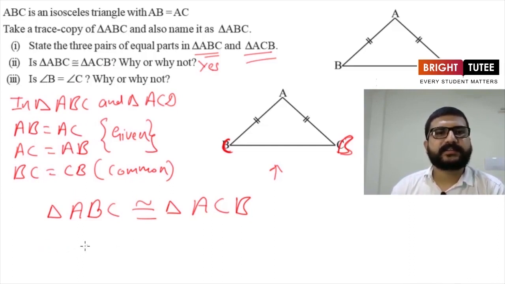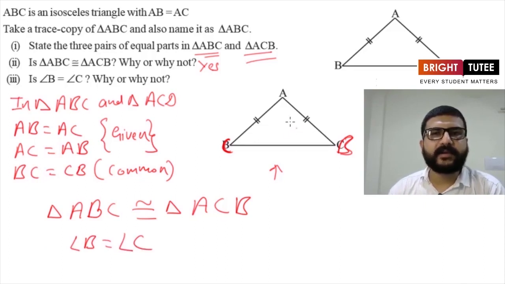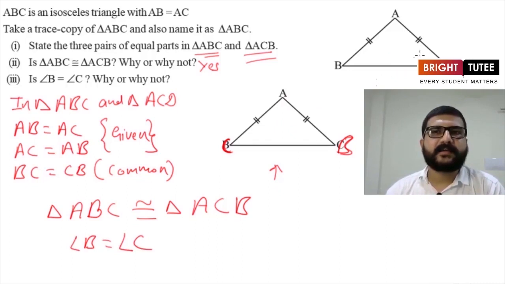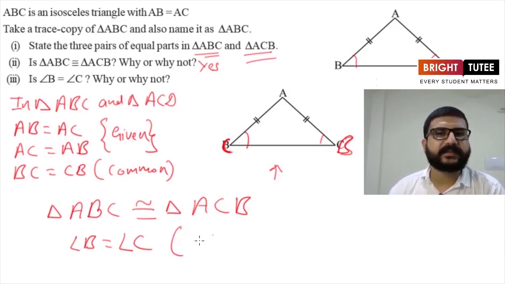Yes, they are equal. So we got angle B equal to angle C because when we place this copy triangle over the original triangle, vertex C was overlapped with vertex B. It means this angle C is equal to angle B. And we can say this vertex B got overlapped with vertex C, so it means angle B is equal to angle C. And by CPCT also we can say this, that angle ABC is equal to angle ACB.